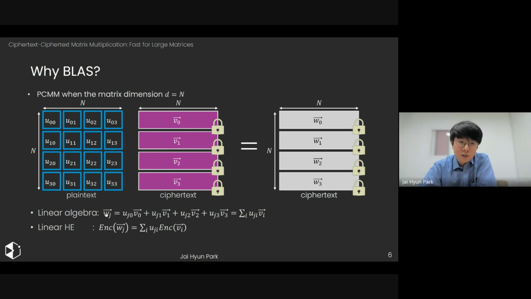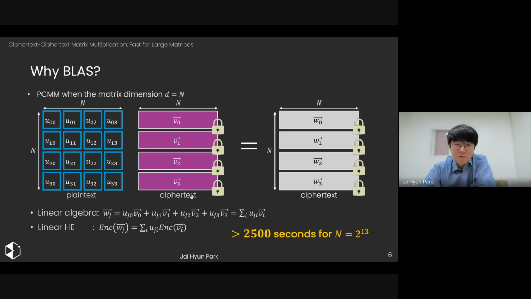That means you can implement PCMM by using lots of linear homomorphic operations, lots of constant multiplications and additions, without any rotations and without any key switching. So for this kind of good dimension, sometimes we can expect pretty good results for PCMM even without BLAS.